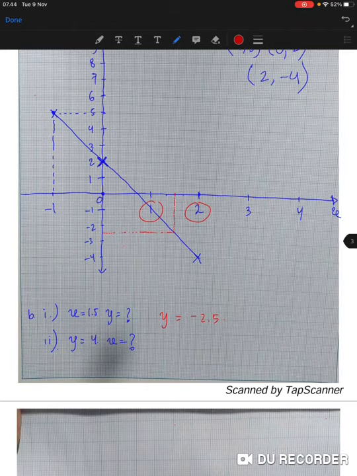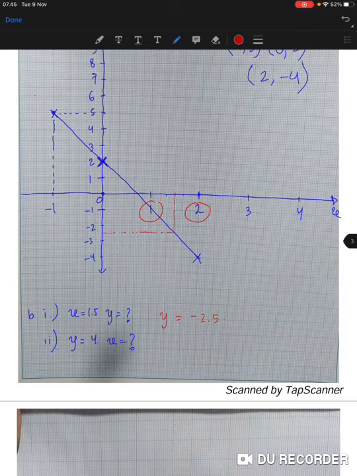Okay, miss, I have a question. For example, if I already drew my graph, but when I pull the line to the y-axis, I got -2.4. Is it allowed? Yes. Maybe I'm going to give you the interval in the question.